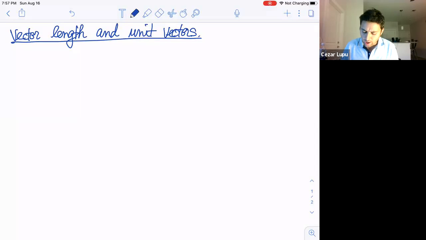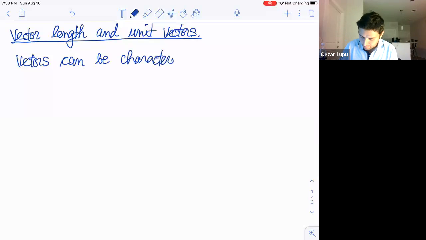We have seen previously in the vector spaces chapter, where we talked about vectors in the first place, how to add, how to subtract, and how to multiply by scalars. We have seen all these operations, but now let's remind ourselves that vectors can be characterized by two quantities.